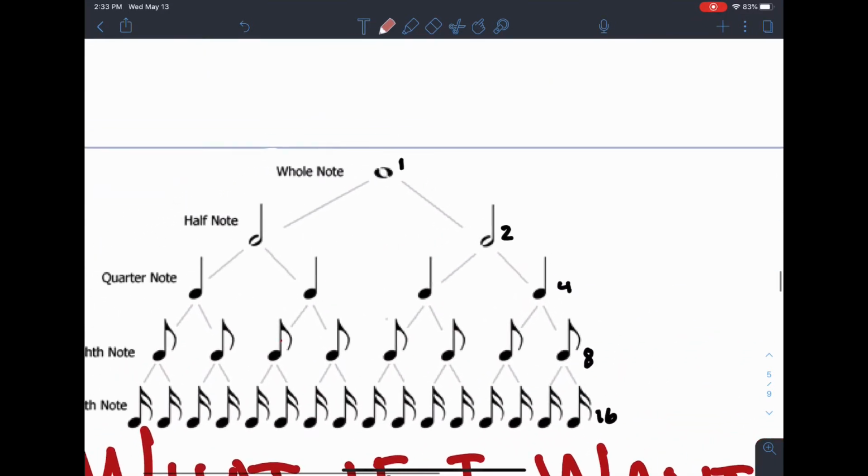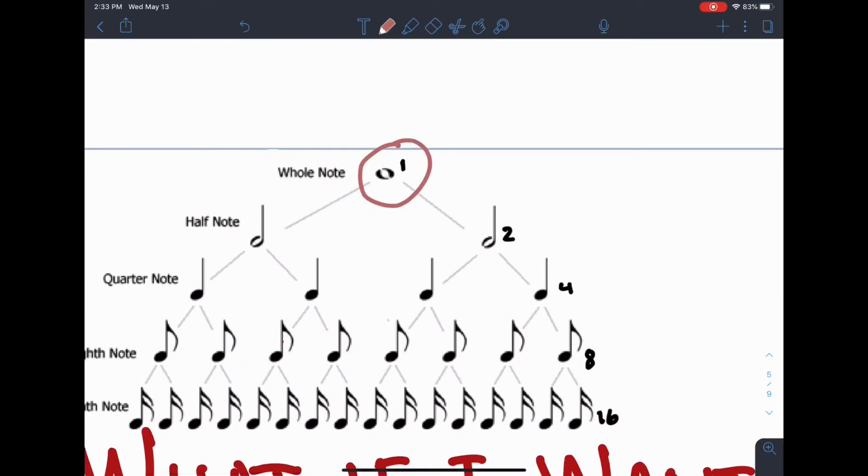For example, up here at the top, we have our whole note. If you ever see a time signature, for example 2/1, that means there are 2 beats in a bar, and the whole note is equal to 1 beat. So this 1 means we're talking about whole notes. This 2 means we're talking about half notes.